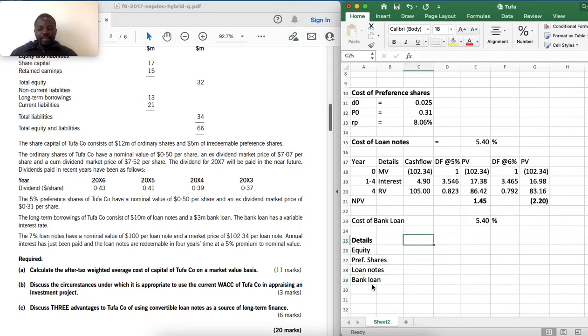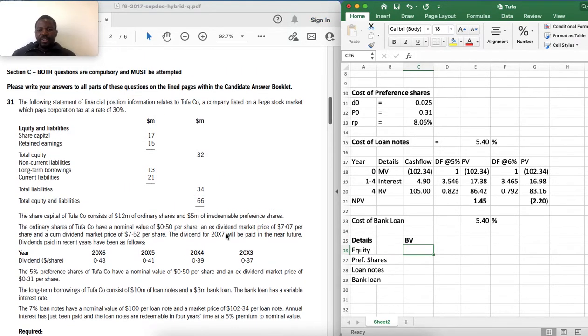Then we'll have the book values, BV for book values. The book value of equity, we are told that ordinary shares is 12. I will work in millions, 12 million. The preference shares irredeemable, they are 5 million. The loan note book value here is 10 million, and the bank loan is 3 million, like that.